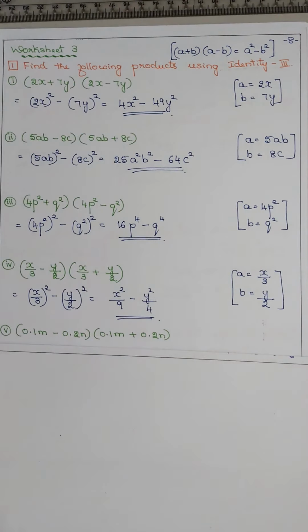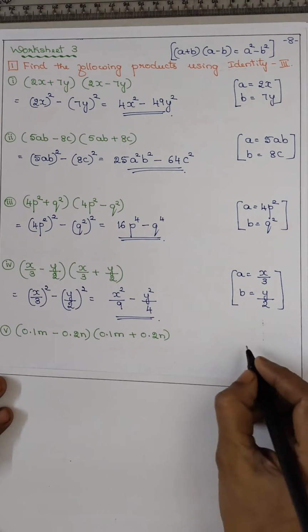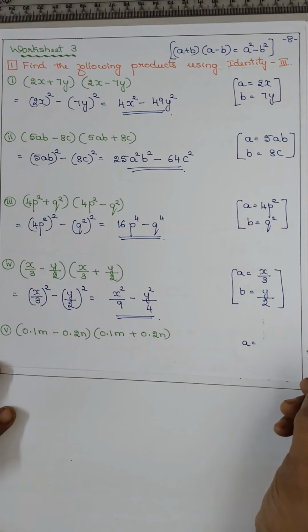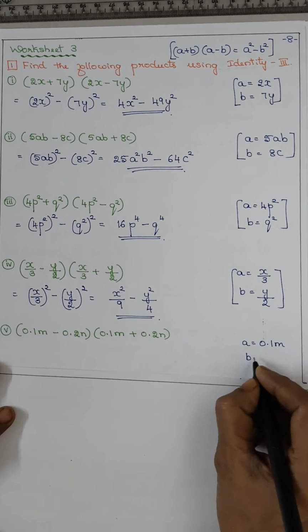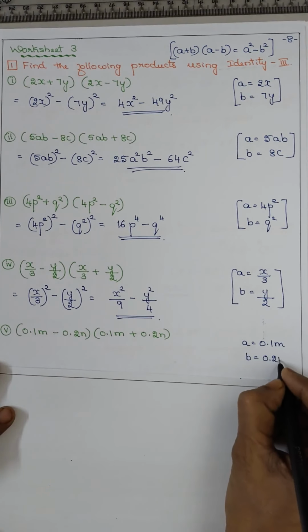Now it is the fifth sum. It is a decimal, so should be little bit careful. It is a is equal to 0.1 m and b is equal to 0.2 n.